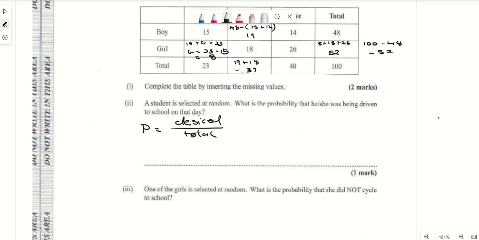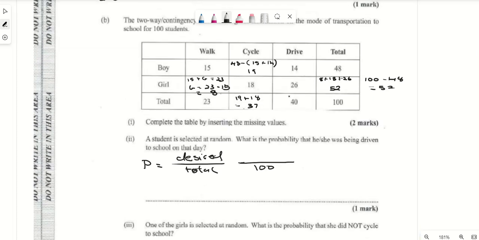Because it is both boys and girls, you know that your total is 100, and the total for driven is 40, so it would be 40 divided by 100. 40 divided by 100 you can say is 0.4 or 40%, or as a fraction 2/5. So if you put 2/5, or 0.4, or 40%, all of them would be correct, whichever one you want to put.